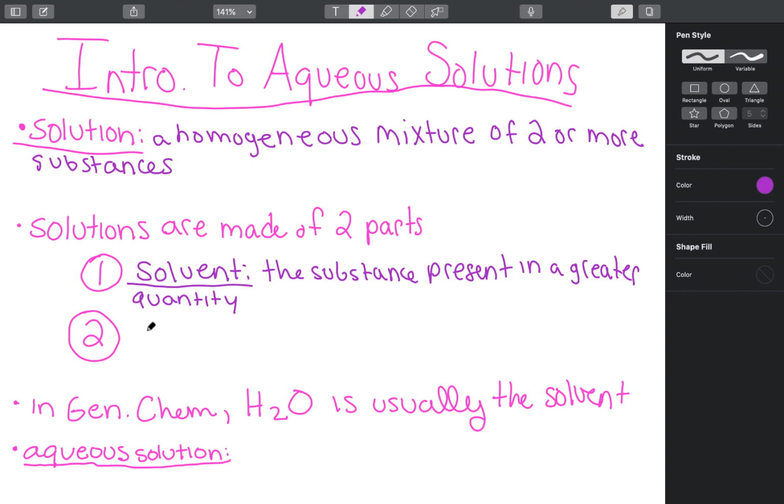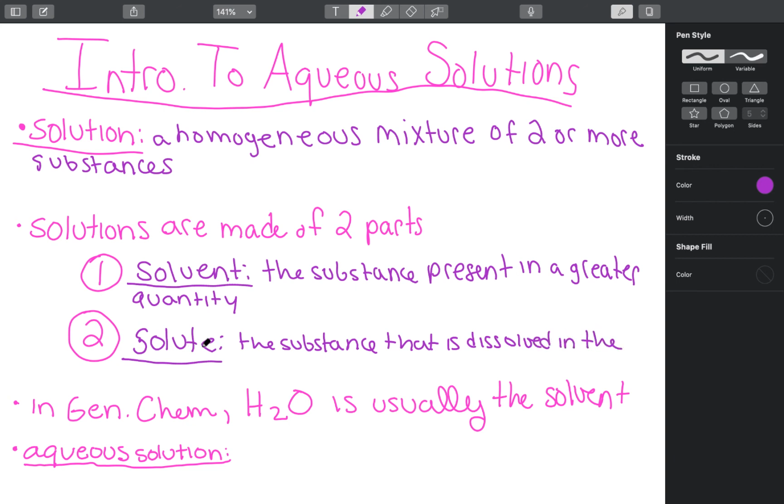And then the second part is called the solute. And the solute is the substance that is dissolved in the solvent.